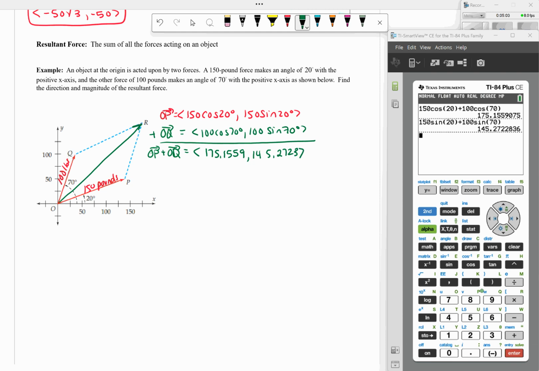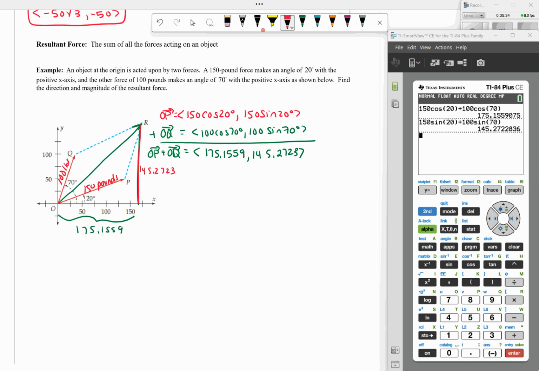So now that we have our horizontal and vertical components, that makes sense because your x value is positive and y value is positive. So for this resultant force, the distance from here to here is 175.1559. And this distance, the vertical distance, is 145.2723.